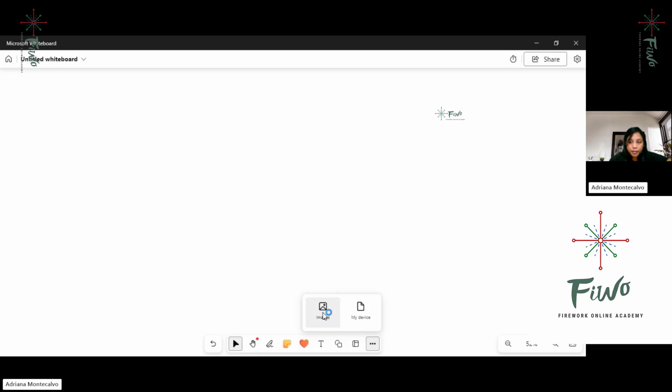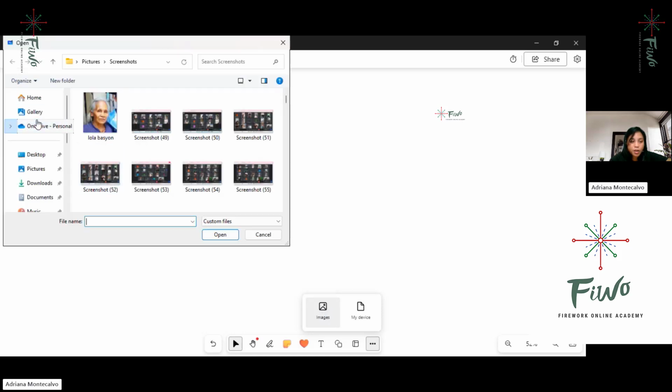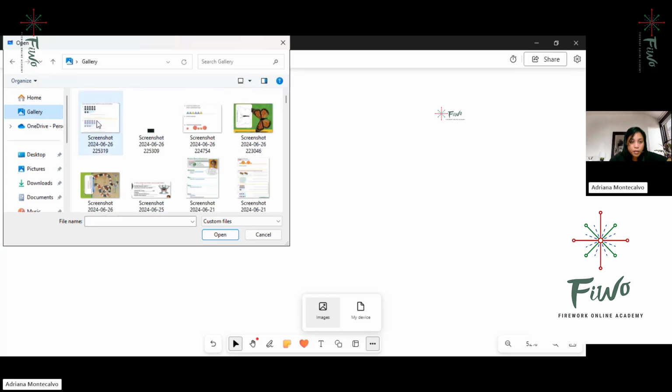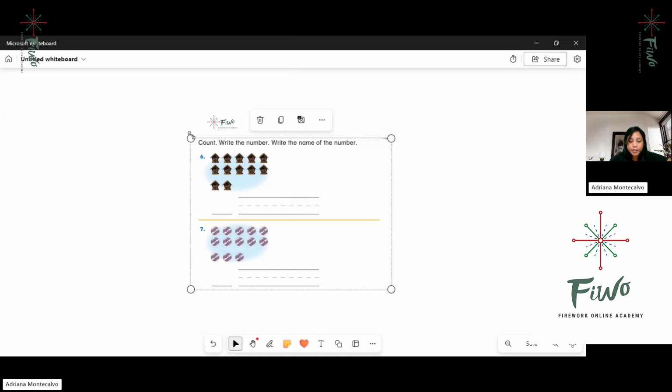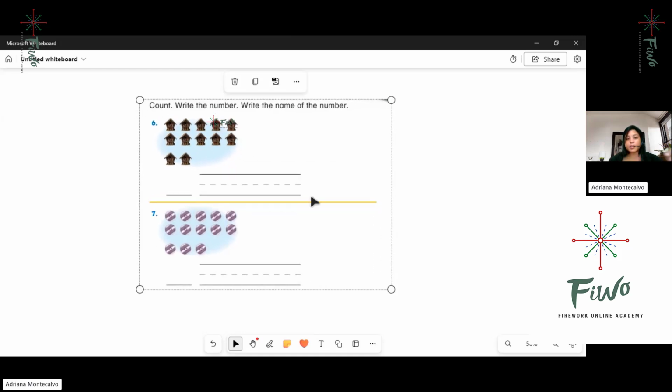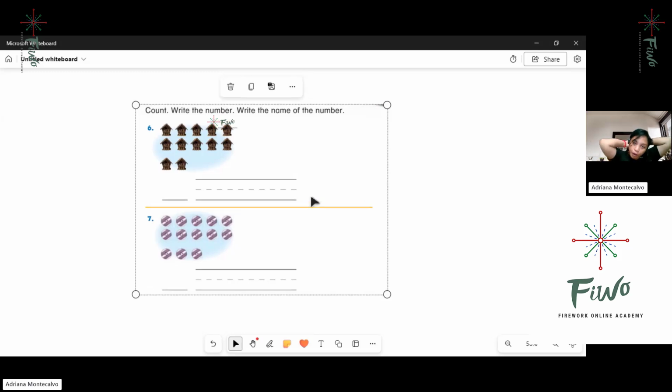Wait, we are on number 6, right? Can you see it? Count. Write the number. Write the name of the number. Okay, like what we did before. Count first, and then write the number in this side over here. Here is count. 1, 2, 3, 4, 5, 6, 7, 8, 9, 10, 11, 12. 12.